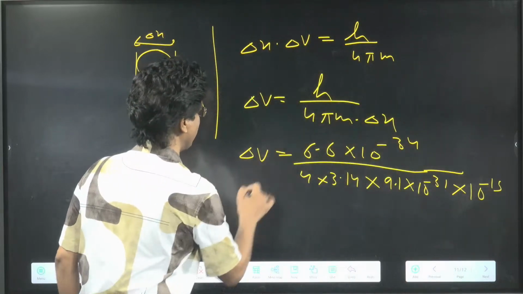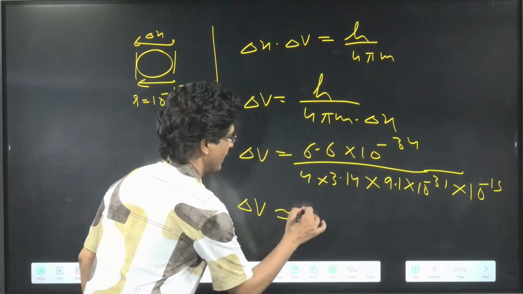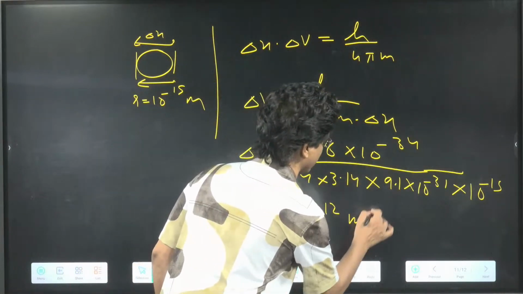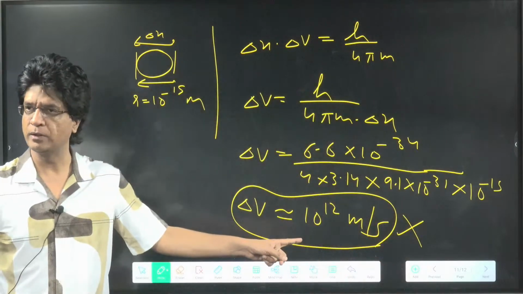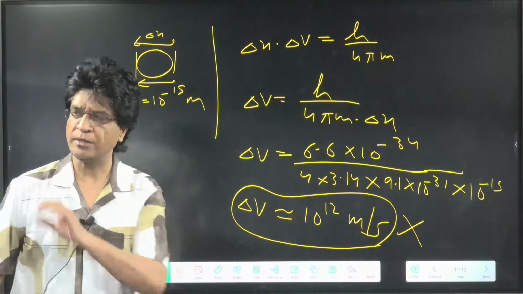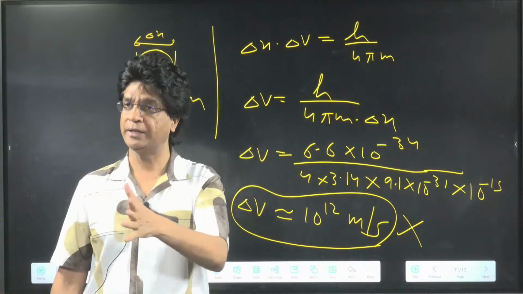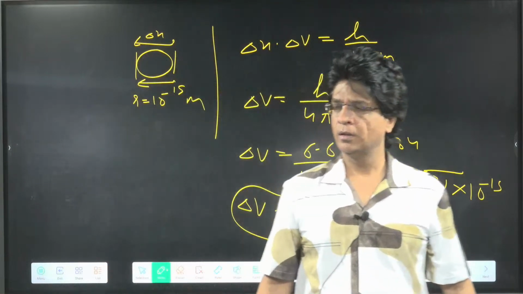When you calculate that, you will get the uncertainty in the velocity as almost 10 to the power of 12 meter per second. Now this is impossible, because according to the general theory of relativity, nothing can travel faster than light. This speed is simply impossible.